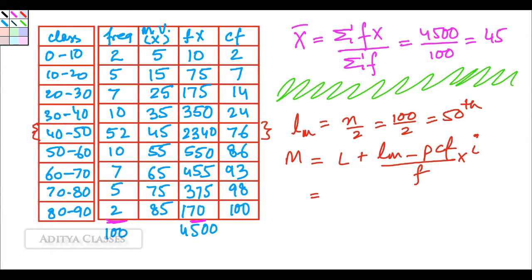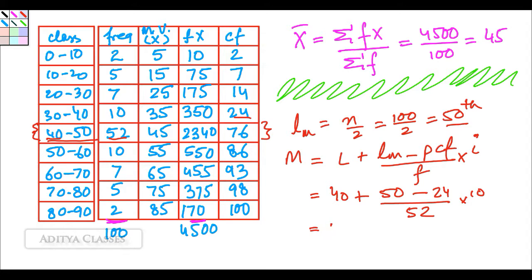Let us find out L, the lower limit of this class: 40, plus LM, which we just found out is 50, minus the preceding CF. So this is the CF and the preceding one would be 24, upon frequency. Frequency of this class is 52 and interval of this class is 10.